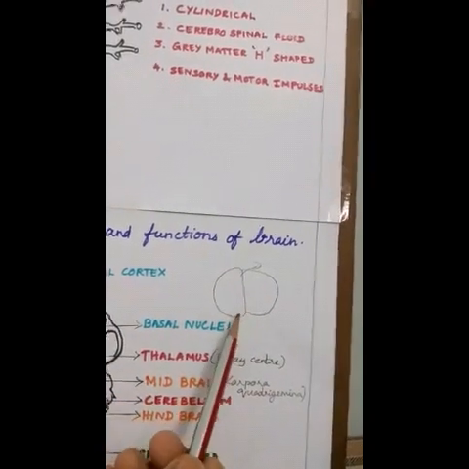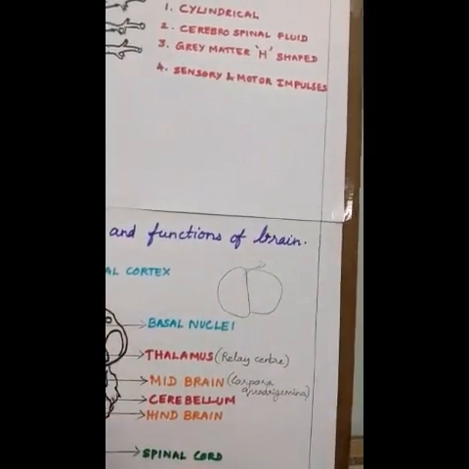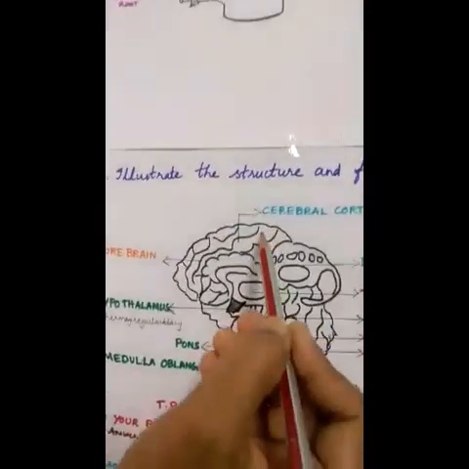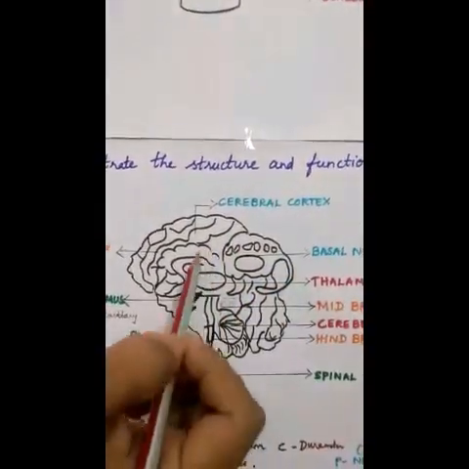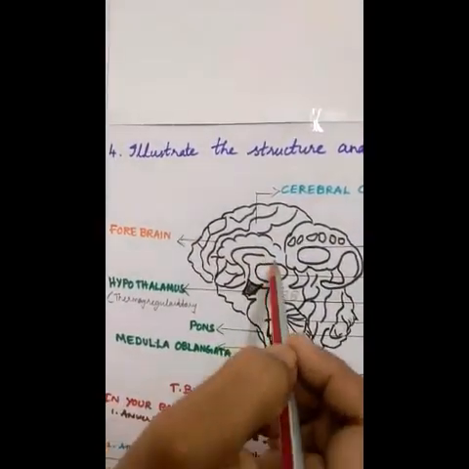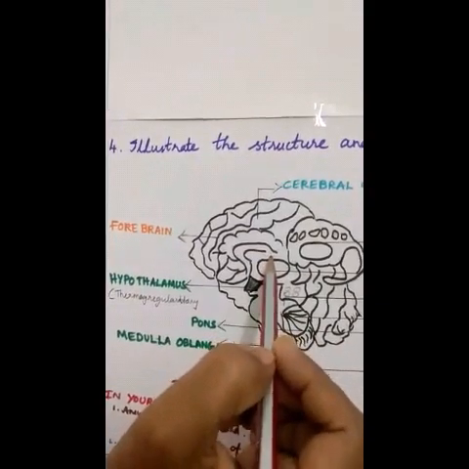Then this cerebrum has grey matter. The outer part contains grey matter, which is called cerebral cortex, and the inner part contains white matter, called cerebral medulla.